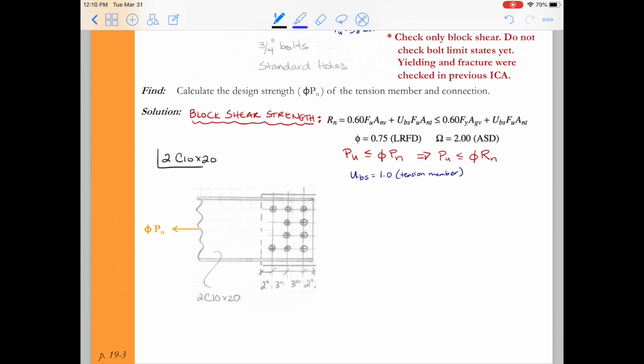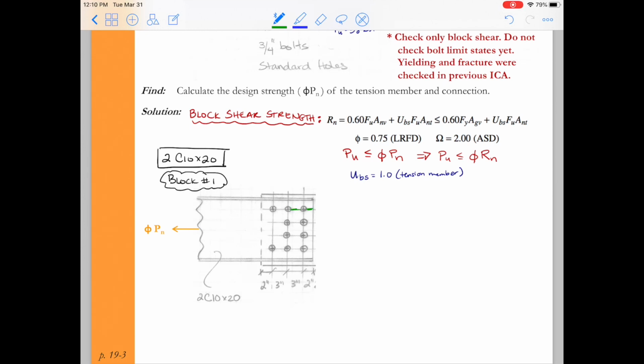And so again, I'm going to start by checking the double channel member for failure, and then we'll have to check the splice plate for block shear failure as well. All right, so take a guess at what you think the failure is.